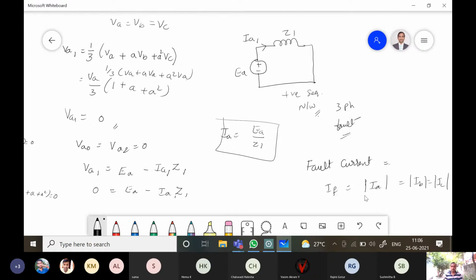So IA is equal to IA1, and IA is also equal to magnitude of IA1. Therefore your fault current IF is equal to magnitude of IA1. So this is the equation for three-phase fault. Is it clear?